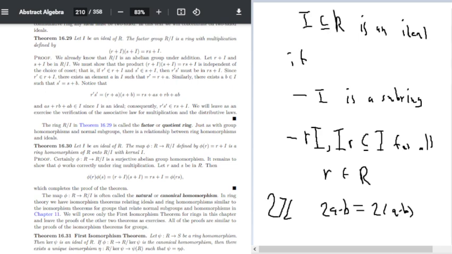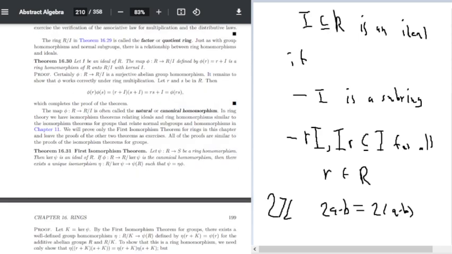Just as with group homomorphisms and normal subgroups, there is a relationship between ring homomorphisms and ideals. Theorem 16.30. Let I be an ideal of R. The map phi from R to R over I, defined by phi(r) = r + I, is a ring homomorphism of R onto R over I with kernel I. Proof.